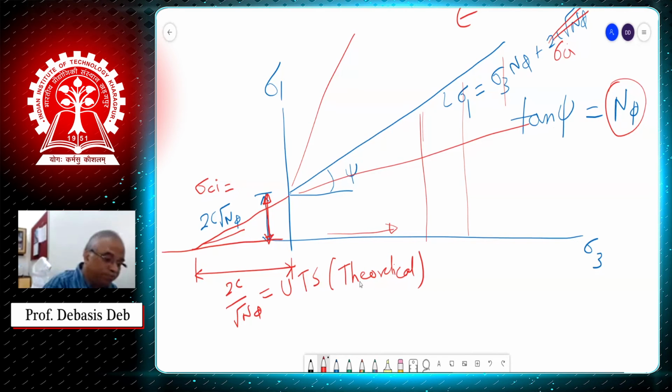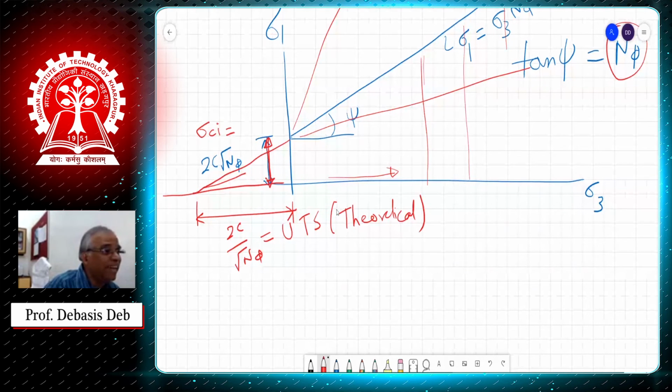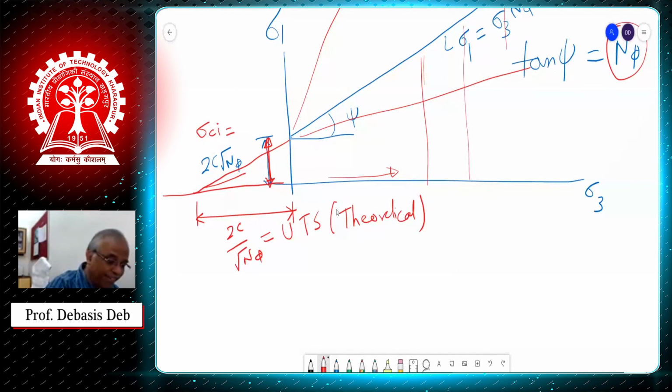Every time we do not find this value; we normally find something else when we test. I think you did not do all those tests, but you would have compared. It is somewhere in between.